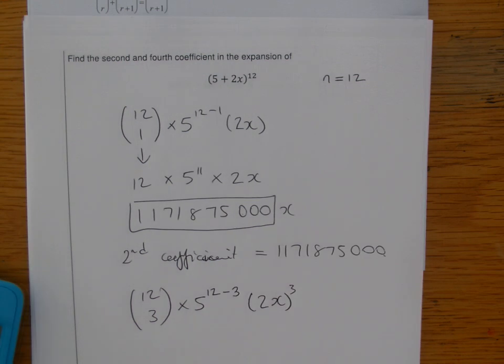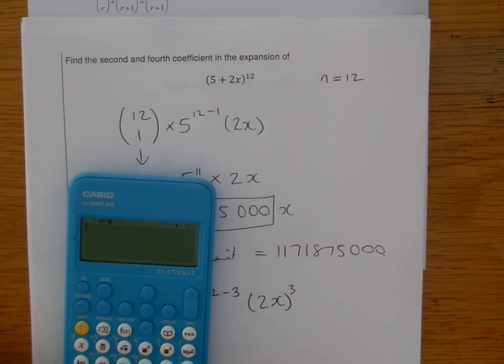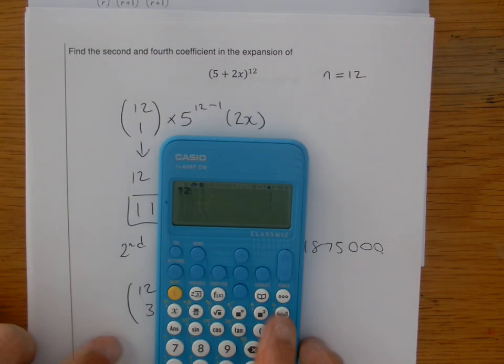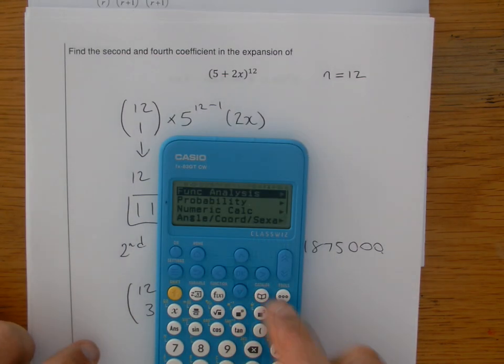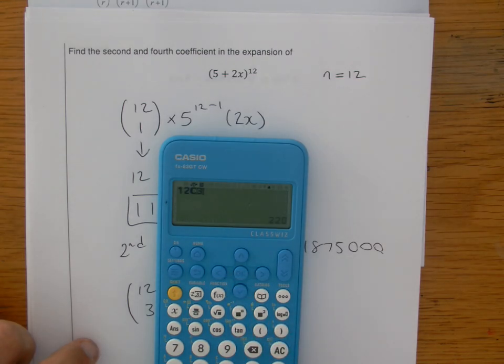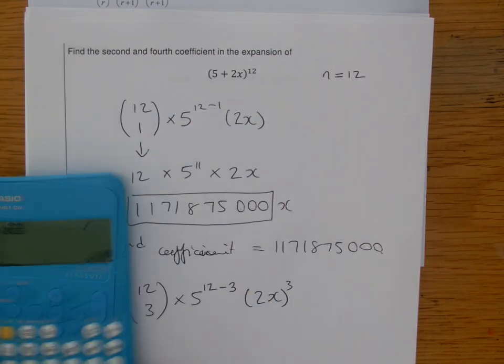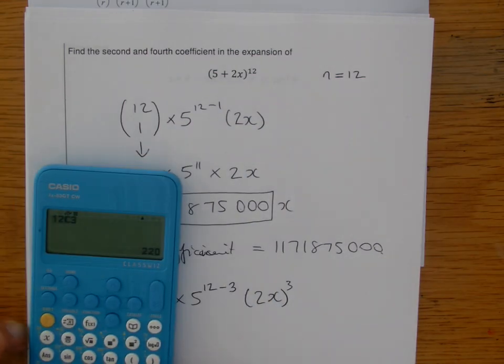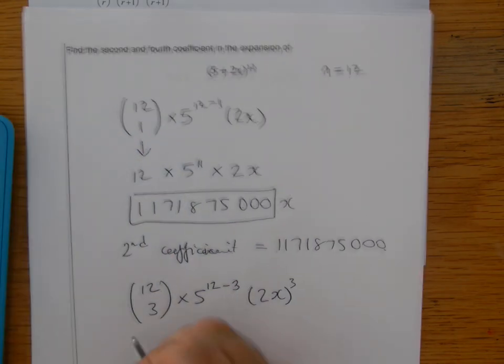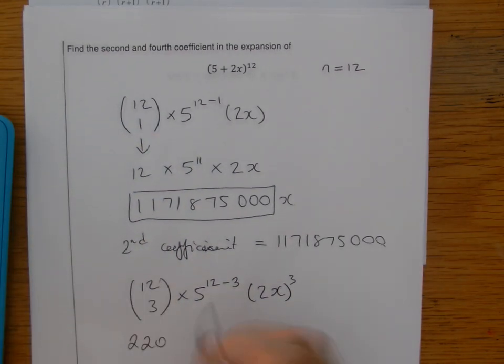Just like we did before, on our calculator we press 12 choose 3: press 12, the catalogue, go down to probability and then combinations, then 3, press equals, and you get 220. That's what it would have been in Pascal's triangle, but the calculator does it all for us, times 5 to the power 9.